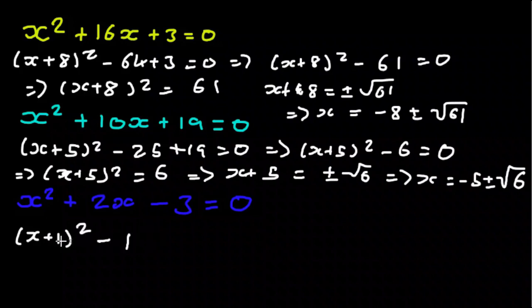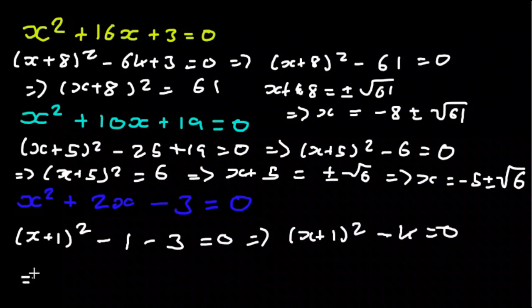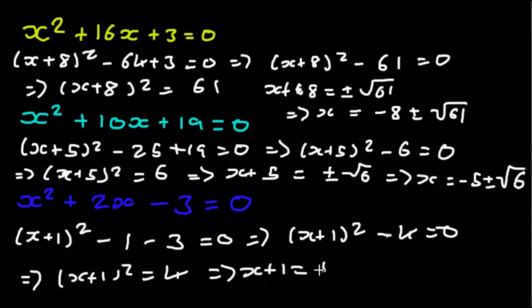Minus 1 here, 1 squared, minus 3, and that is equal to 0 still. That implies (x plus 1) squared minus 4 is equal to 0, and that implies (x plus 1) squared is equal to 4, which implies x plus 1 is equal to plus or minus 2.